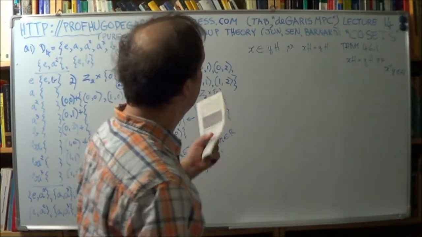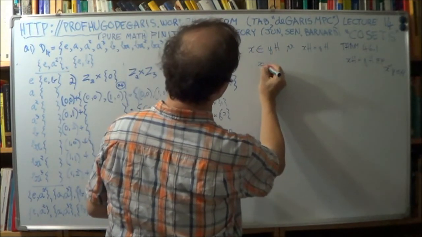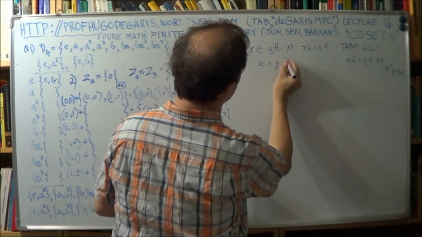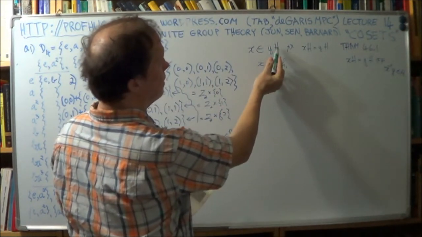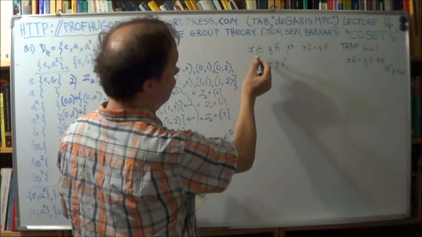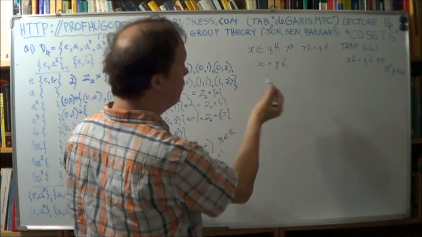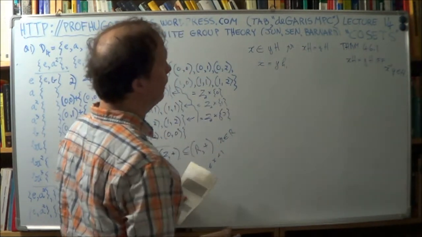So you're told X belongs to YH. So X must be of the form YH. There must be some H belonging to this subgroup. Right? Call it H1 for this to be true. Right? You have to have that. If X is a member of this, X must be of this form. Okay.